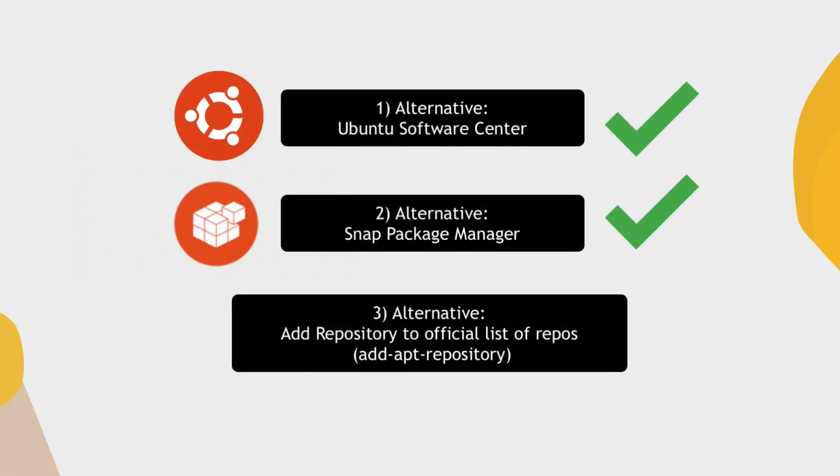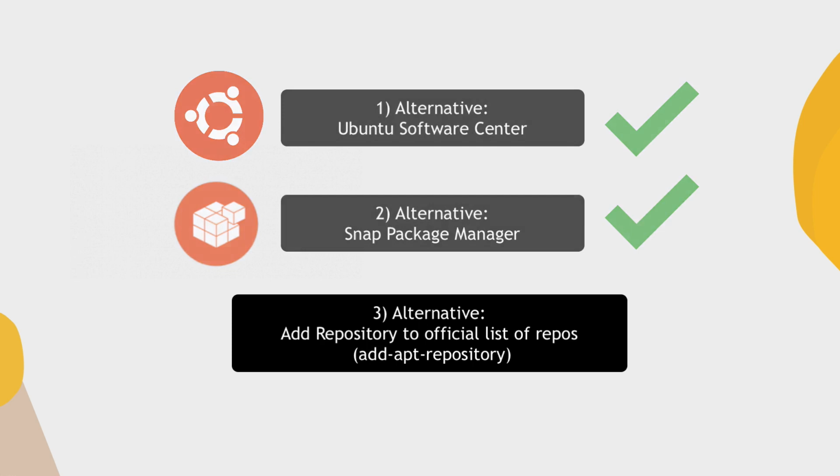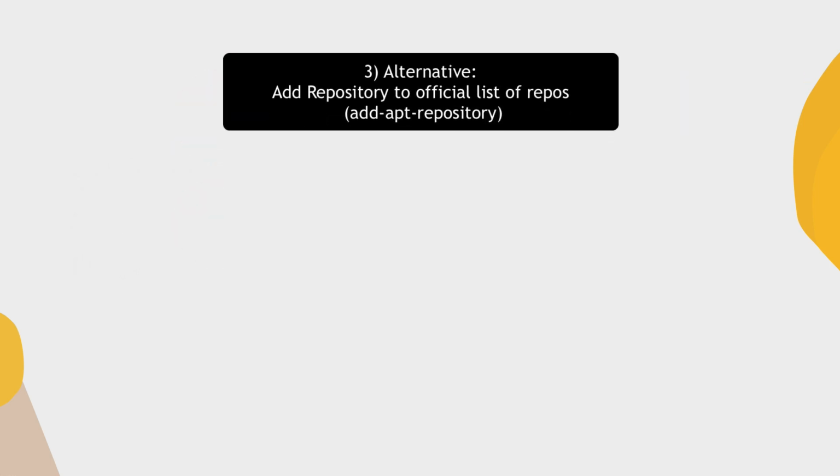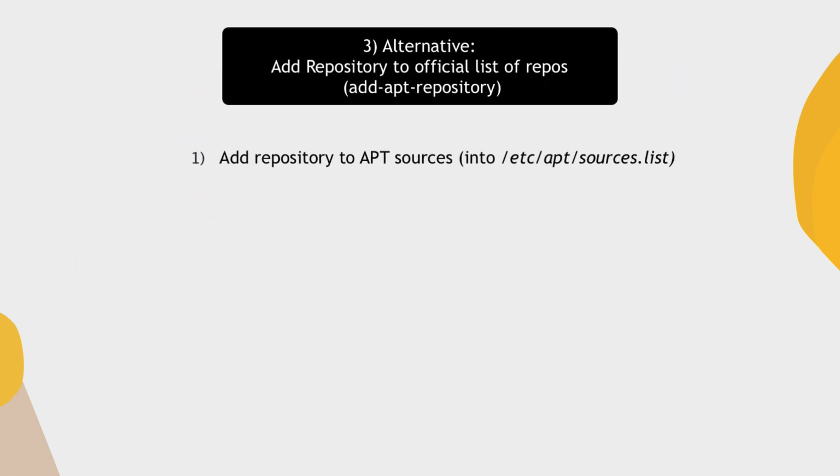And another way of installing applications that I want to show you is adding another repository to the official repositories list that Ubuntu, or a Linux distribution like Ubuntu, has, and then installing the package from there.